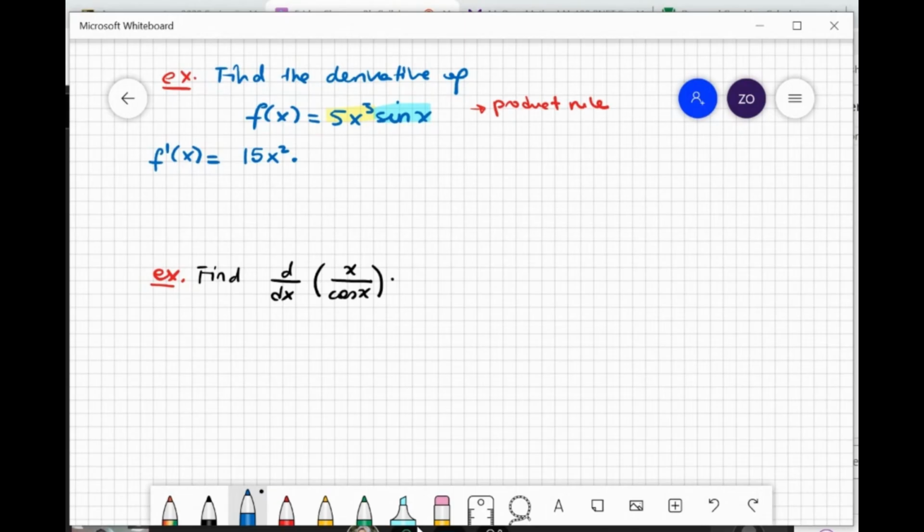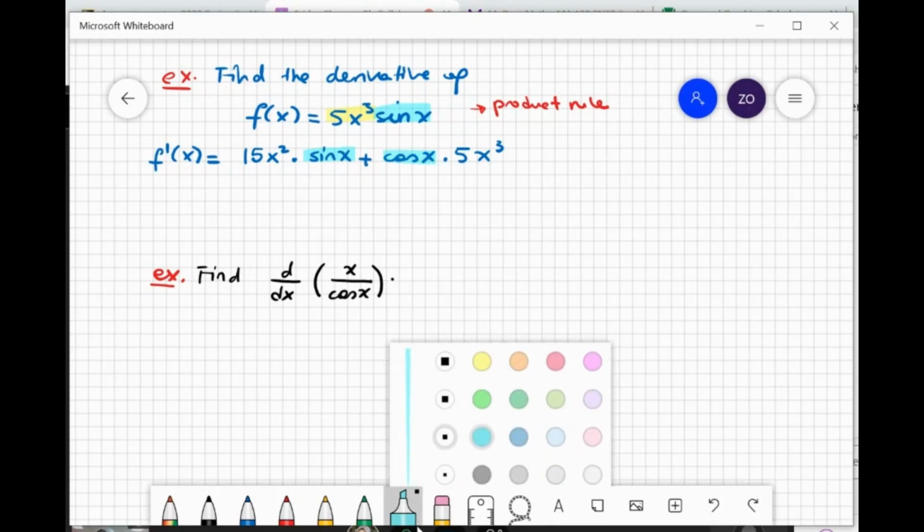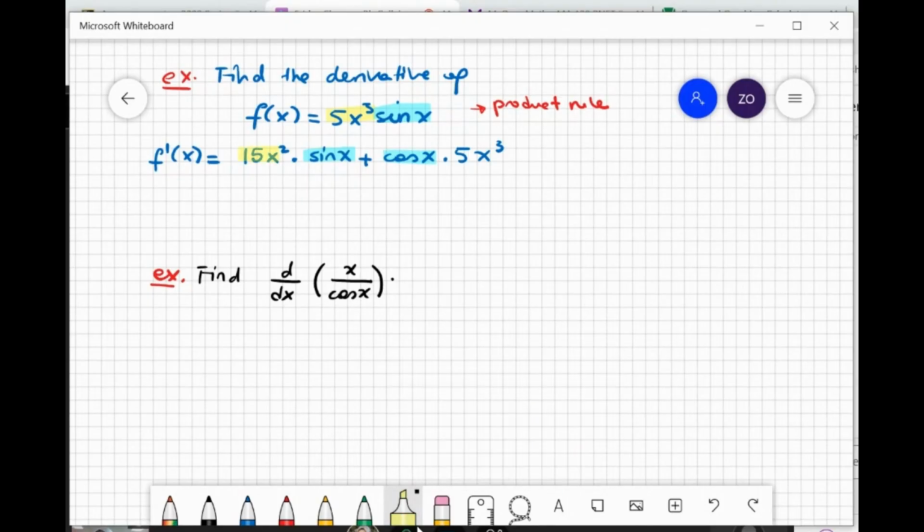Derivative of the first times the second function, plus derivative of the second function, which is the derivative of sine, that is cosine of x, times the first function. So here we have the second function, here we have the derivative of the second function, and here we have the first function, its derivative, and the first function itself. Okay, so this is the product rule.